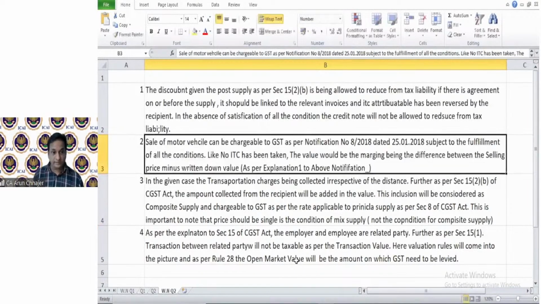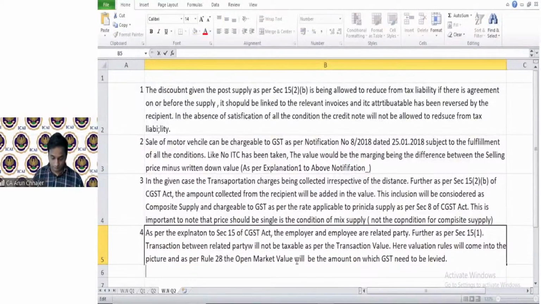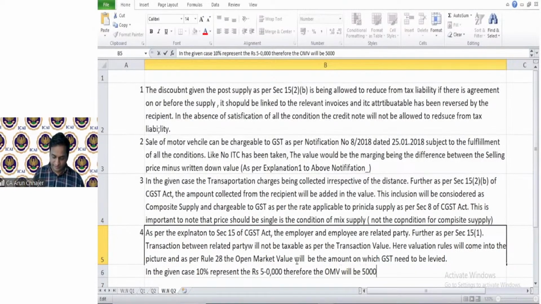In the given case, 10% represent the rupees 50,000. Therefore, the open market value will be 50,000 divided by 10 multiplied by so equal to 5 lakhs.